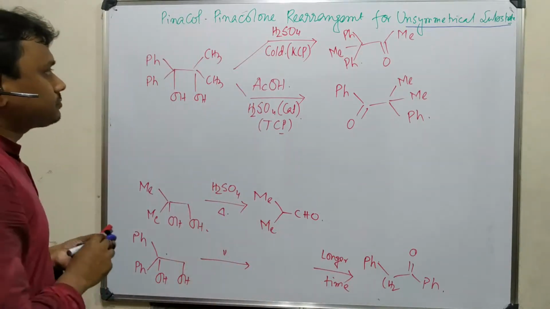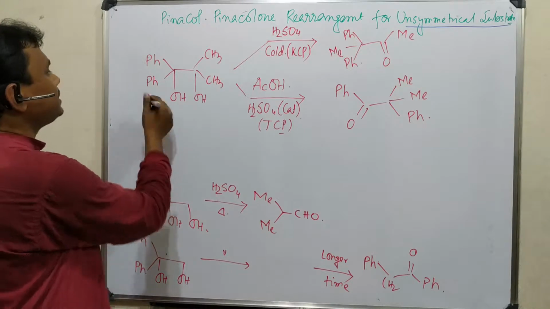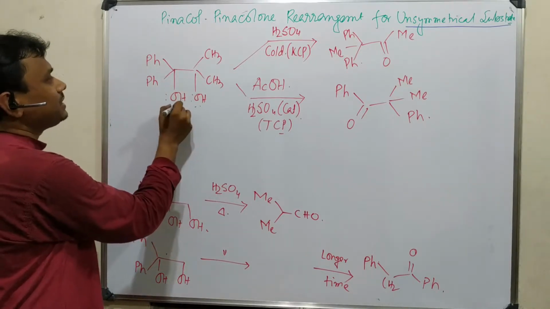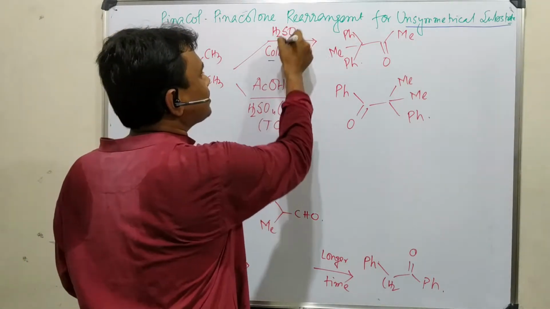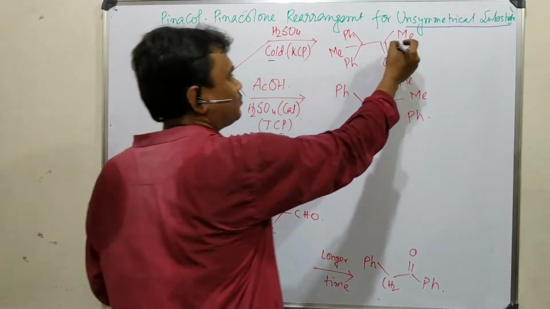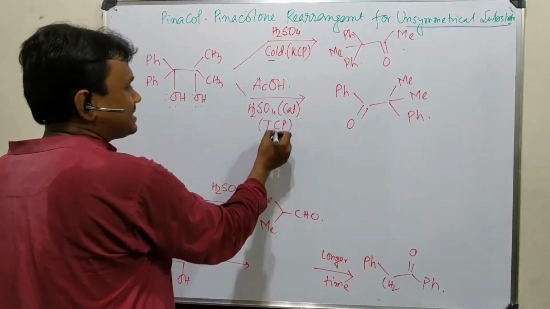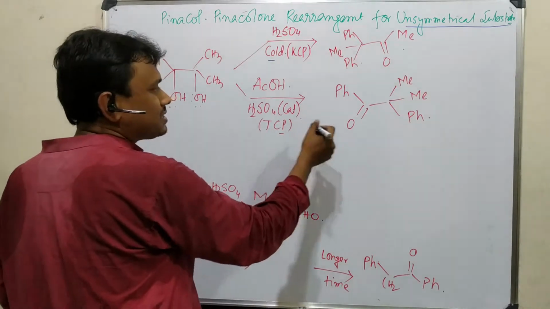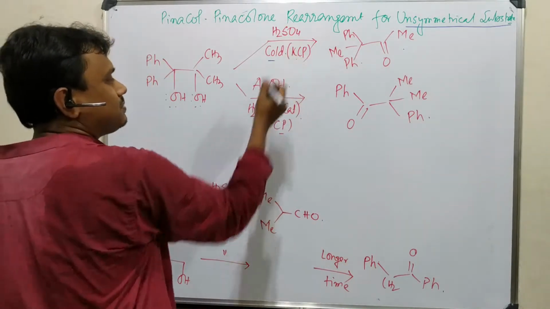You can see the same reagent under cold sulfuric acid conditions provides one product, and in another case, acetic acid with a catalytic amount of sulfuric acid produces another product. Here I have written KCP and TCP.